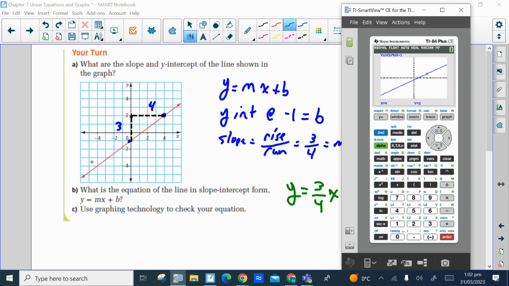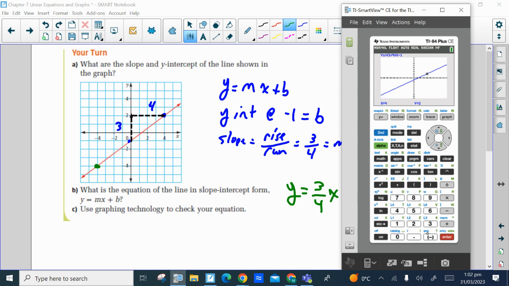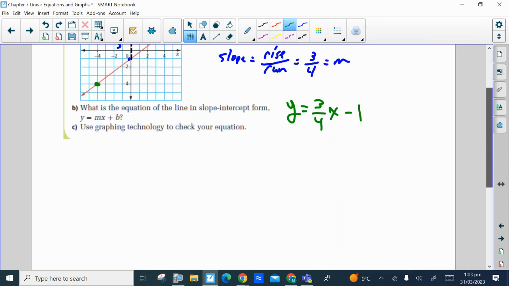I can check one more point if I want, say this point down there, which is the point (-4, -4). So in the trace mode, if I let x equal negative 4, I get the right y value of negative 4 as well. So we just showed that our equation that we put in our calculator and graphed it matches the graph on the page. Our equation is correct. So you can always check these.